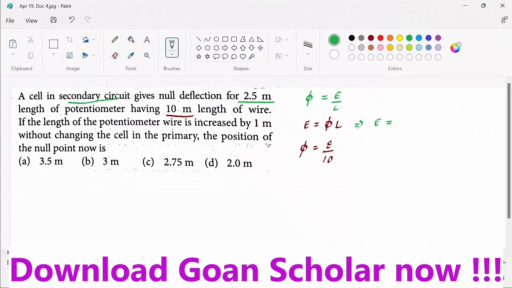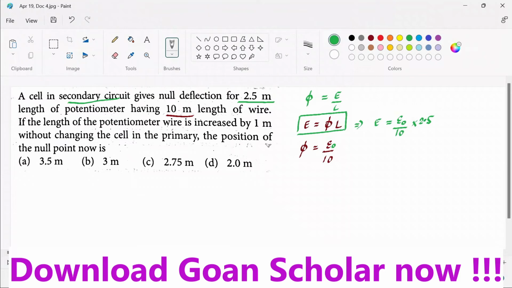Be very careful, this E is different from the earlier E. Let me put E naught here so that you don't get confused. E naught is the primary cell, E is for the secondary cell. That will be equal to E naught upon 10 into the length, which is 2.5. Let me repeat again. This E will also follow the same thing. Phi will remain constant. So E will be equal to phi into L, and phi is E naught upon the initial length of the potentiometer. So E equals E naught by 10 into 2.5.